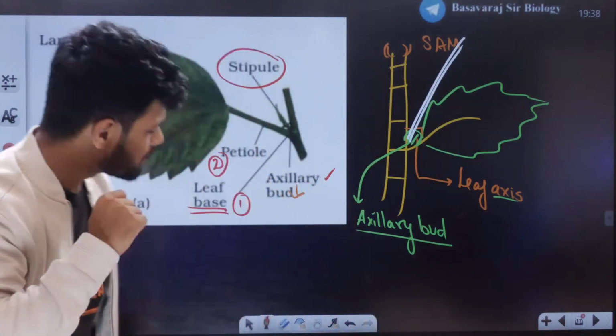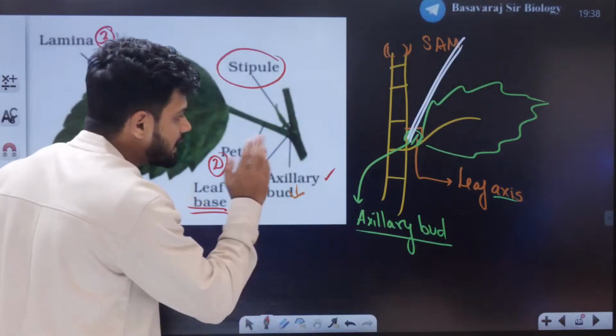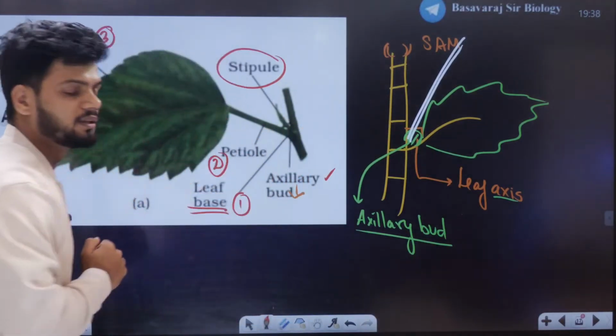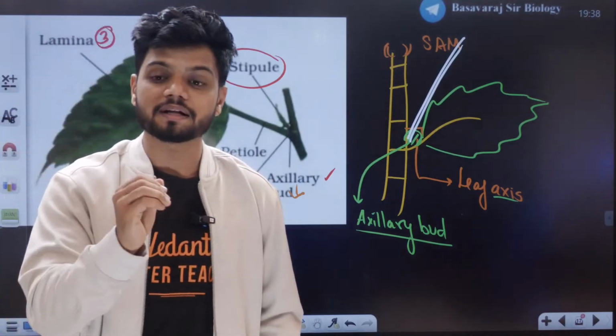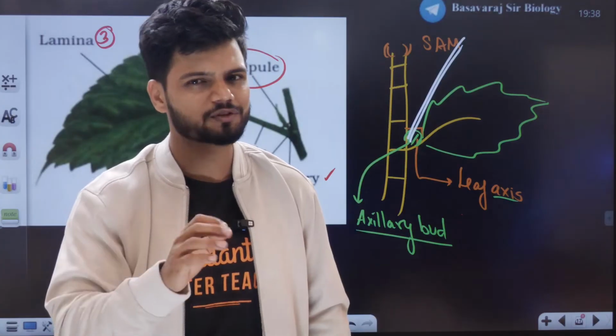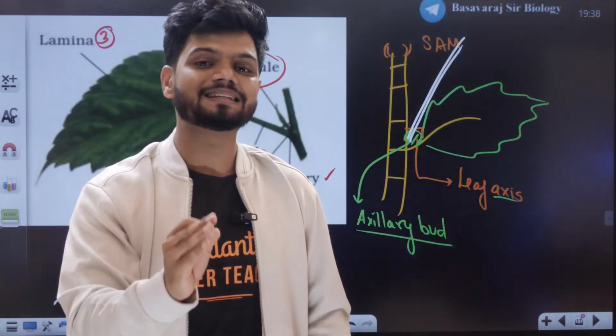Clear? Now, one more thing I have to tell you here is, if the leaf base partially or completely covers the stem, then what is it called? I'll give you a small hint. It is present in the case of monocots.